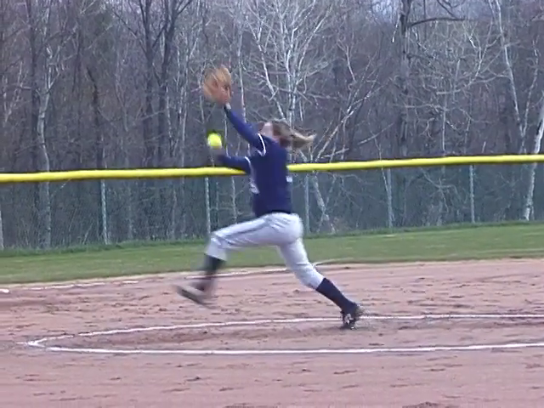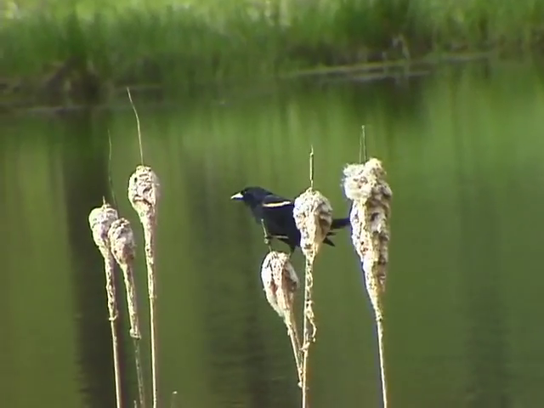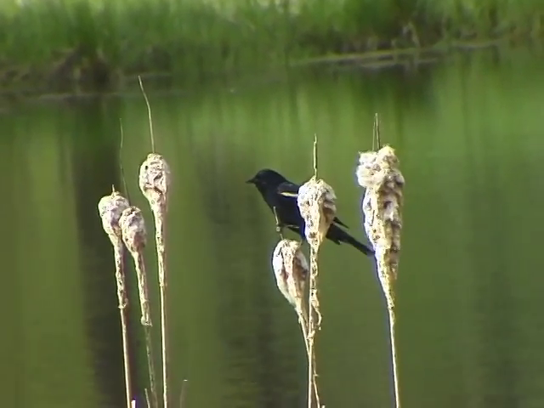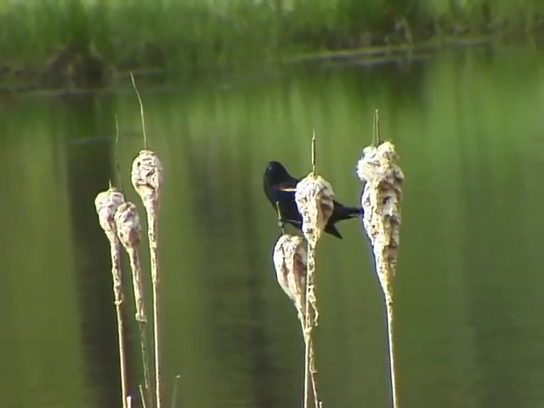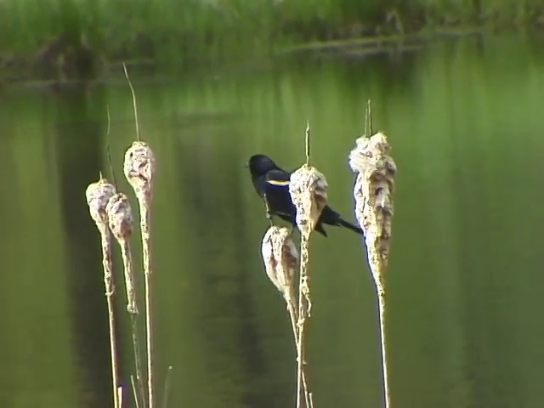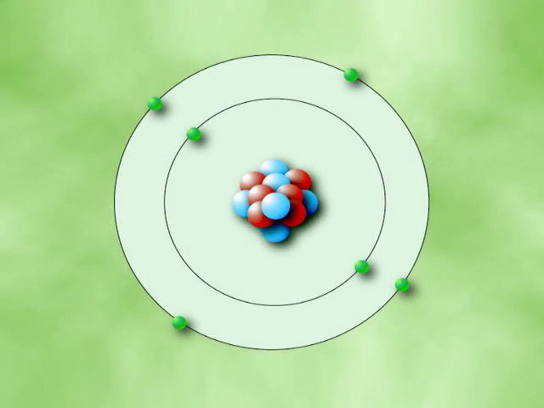Our bodies have mass, as do all living things. Atoms, too, have mass, but the mass of an atom is very small. As we discussed, atoms are made up of subatomic particles.